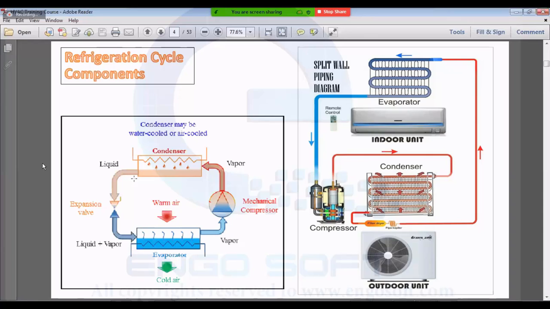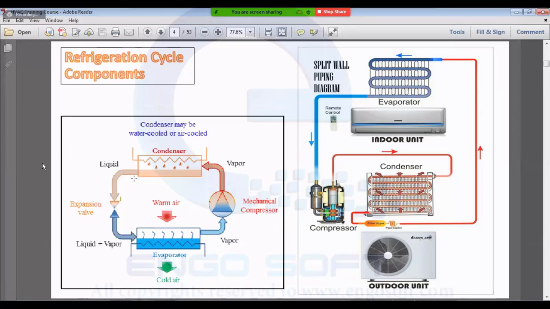The warm liquid from the condenser will first go to the expansion valve. Then the expansion valve will convert it to cold liquid, and the cold liquid will go to the indoor unit as vapor, right?